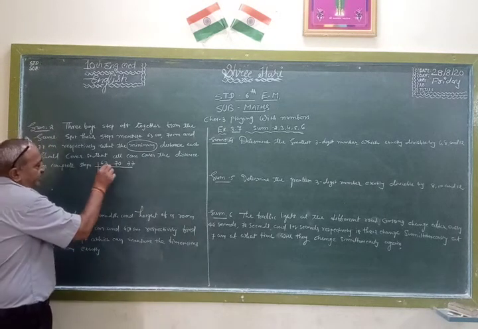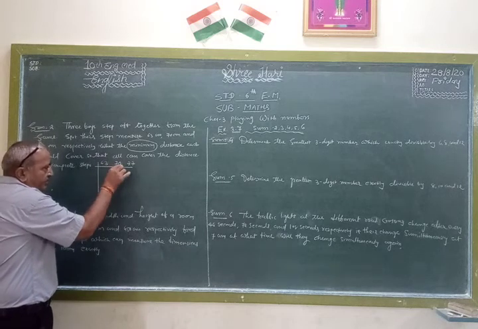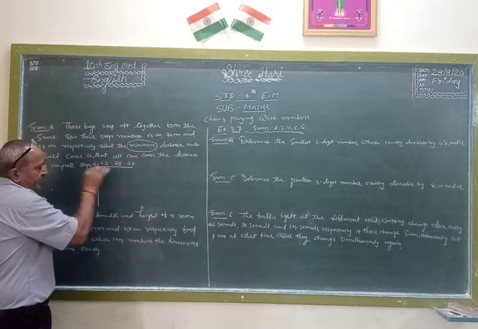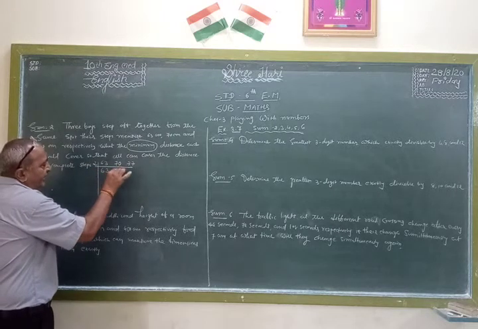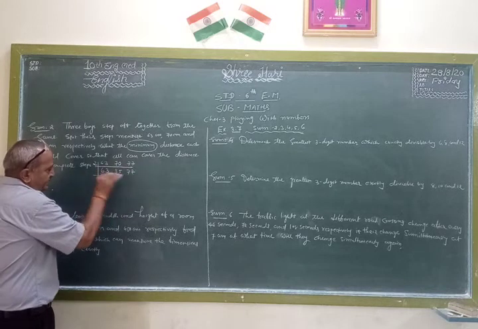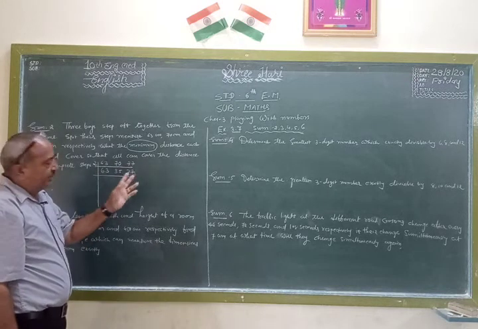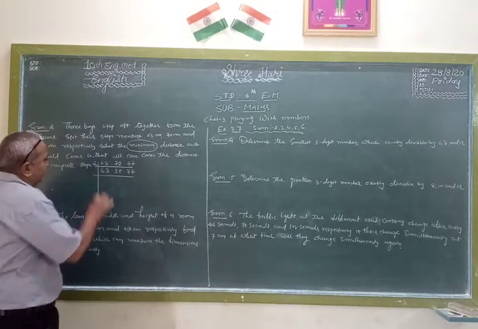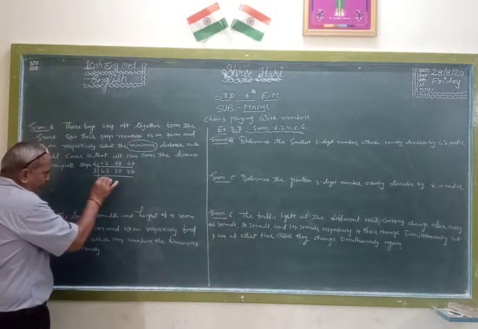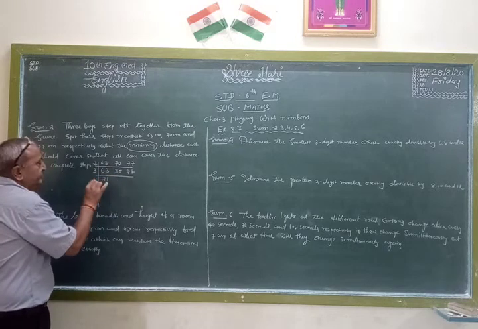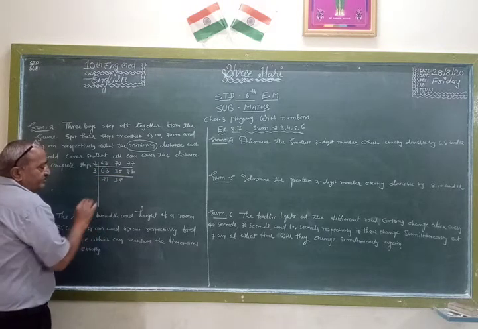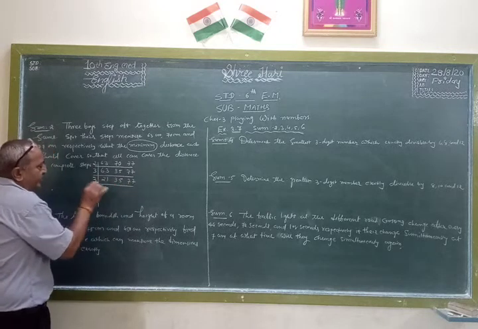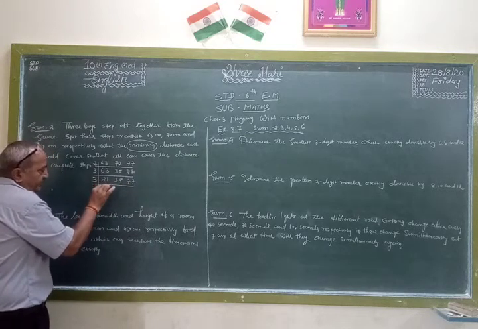Look here, 63 is odd, but 70 is even, so we can divide by 2. 63 as it is, 35, 77 as it is. Now there is no even number, so we start from 3. 21, 35 can't be divided by 3, 77 can't be divided by 3. Then 3 again, because we can divide 21 by 3.